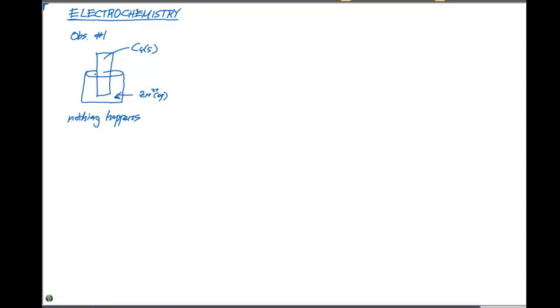But if we manipulate the conditions of this experiment and talk about observation number 2, if we took zinc solid and immersed this zinc solid in a copper 2+ solution that was 1 molar, we would begin to see these little, dark dots starting to form on the surface of the zinc metal.